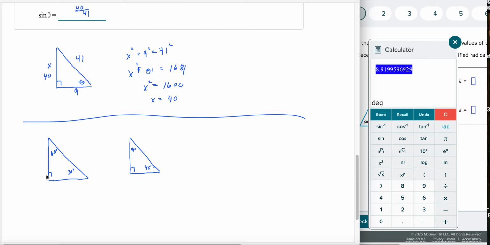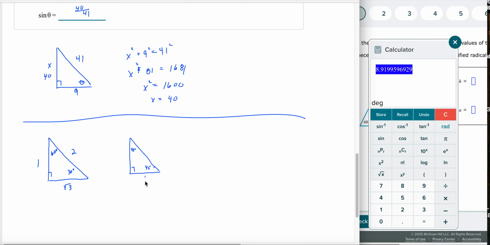And so these, you want to know the ratio of these sides. So we're going to look at the sides are 1, the hypotenuse is 2, and the other leg is the square root of 3. And again, we can use Pythagorean theorem to verify that.